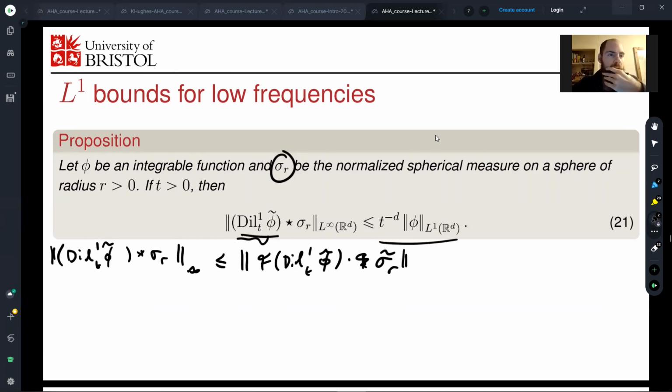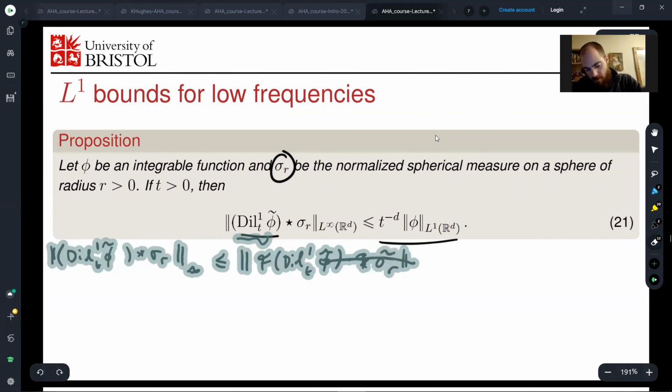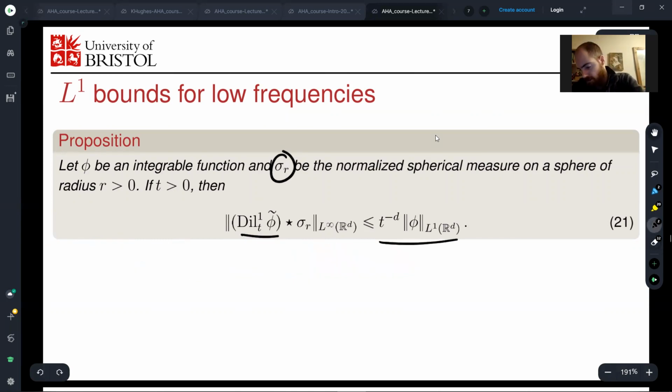No, that's not what I wanted to say. Sorry, that's not what I wanted to say. What I actually meant was looking at just, I can get a nice L infinity bound for just this term right here.